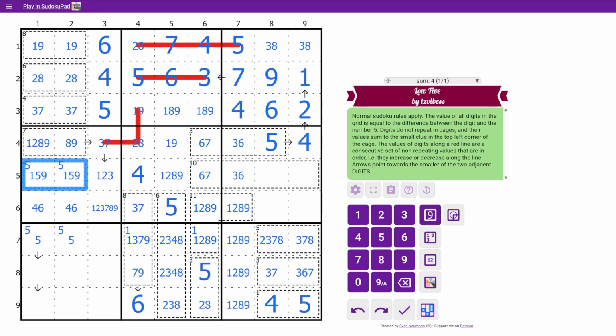And it's going to go with a 1 or a 9, which is a 4 value. The other one will be in here with the 3 value. So this cannot be a 1 or a 9. I believe that's right.